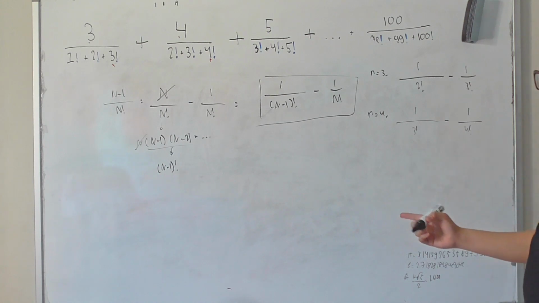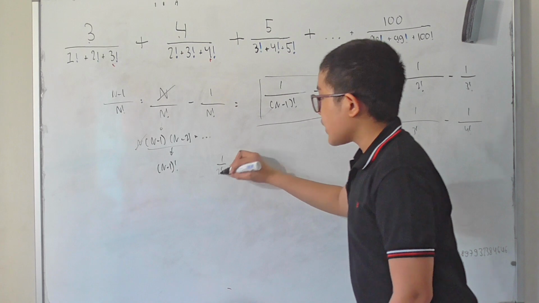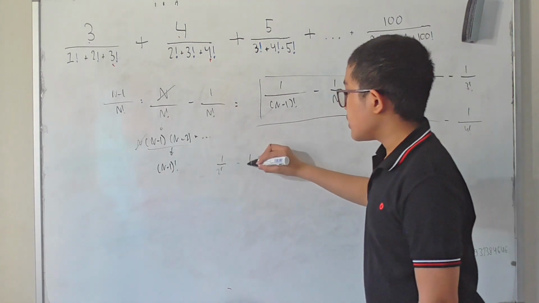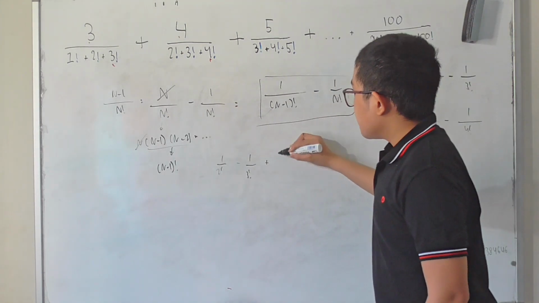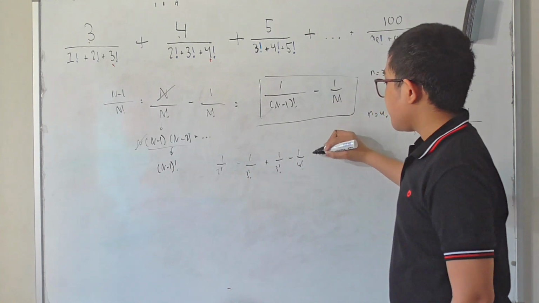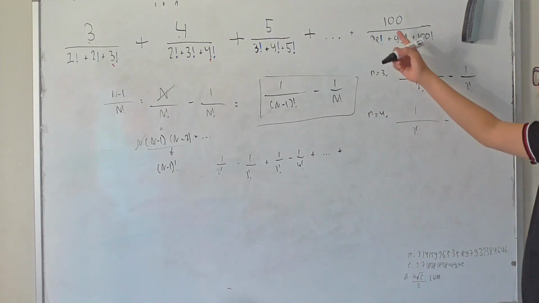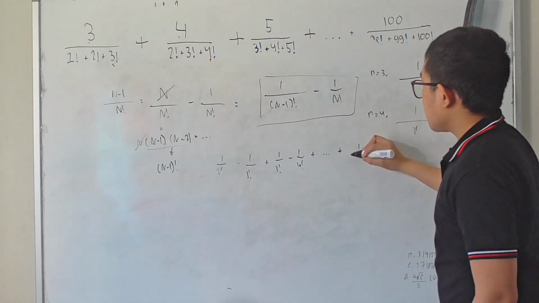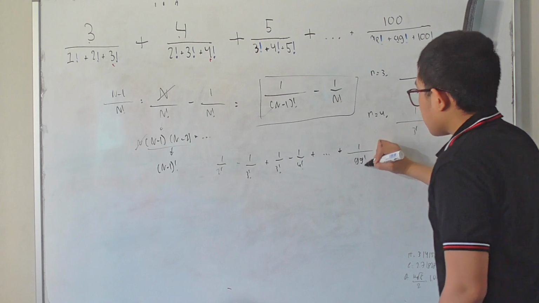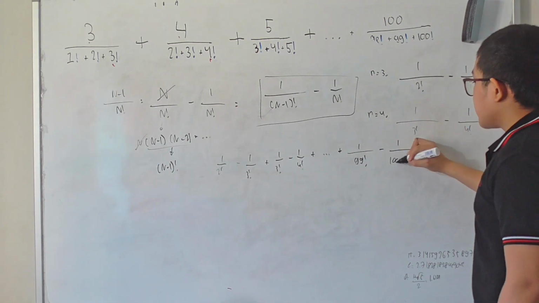So if we do this, we're going to get the series 1 over 2 factorial minus 1 over 3 factorial plus 1 over 3 factorial minus 1 over 4 factorial. And then we can continue on until we reach n equals 100, where we're going to get 1 over 99 factorial minus 1 over 100 factorial.